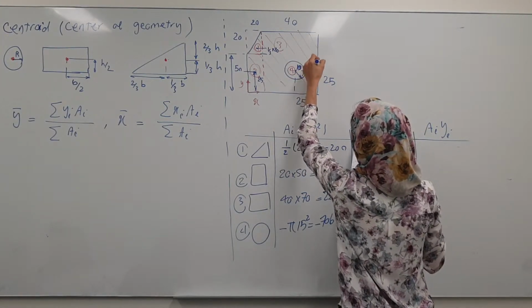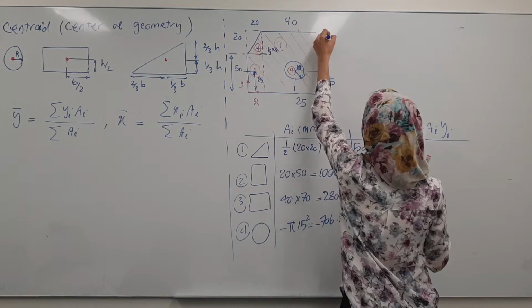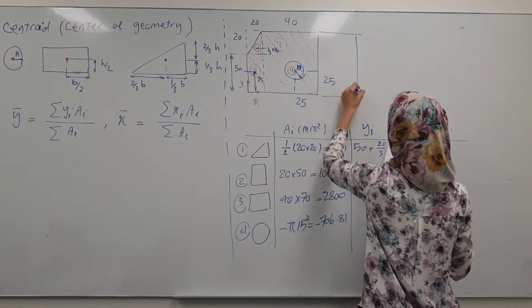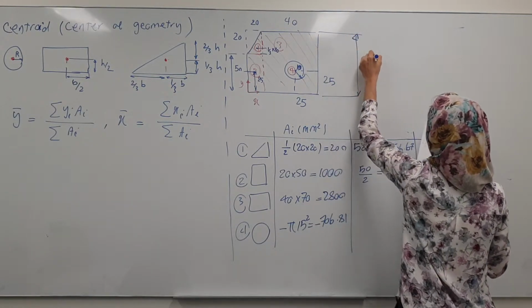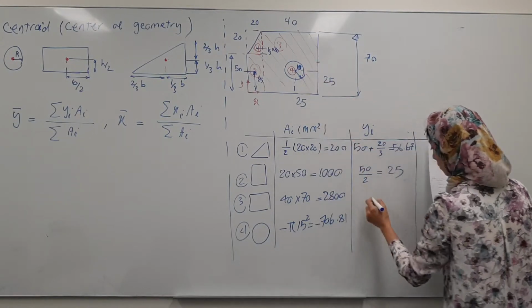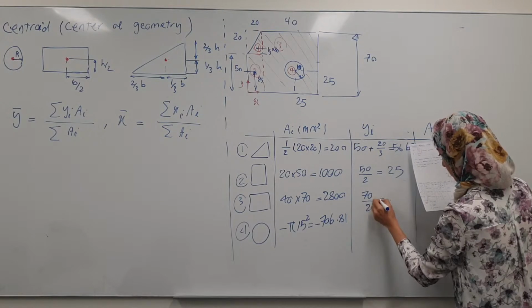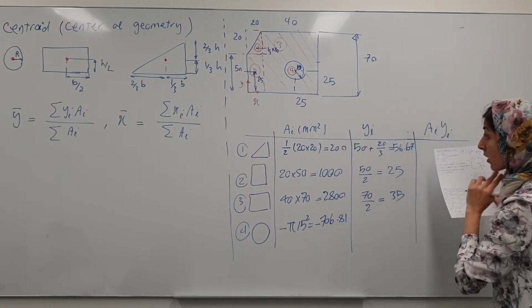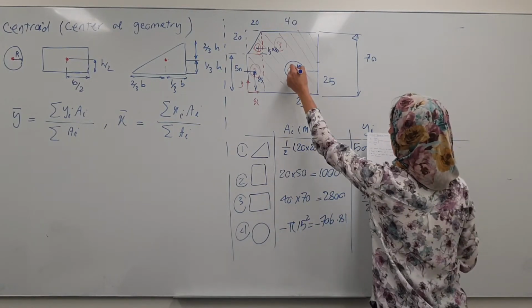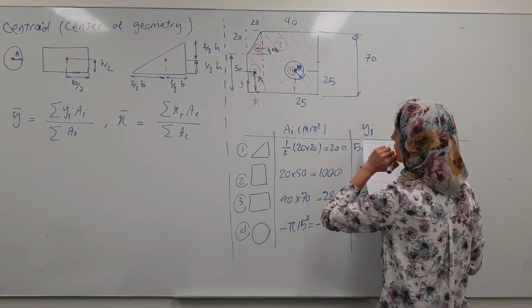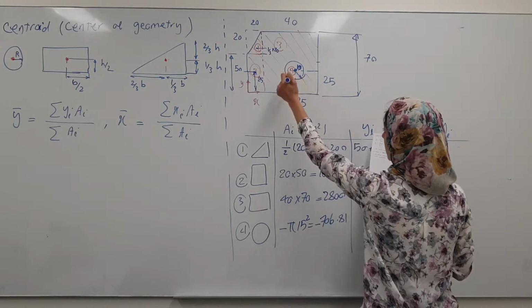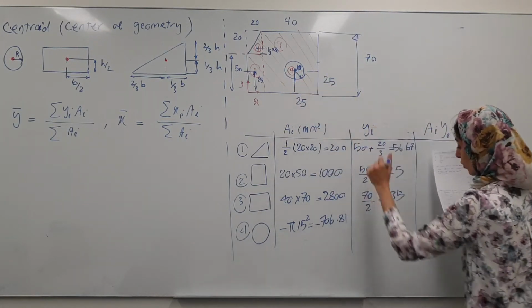So if this height is about 70, this one should be 35. And for the circle, the centroid or center of geometry is at the center, and this height is given, 25.